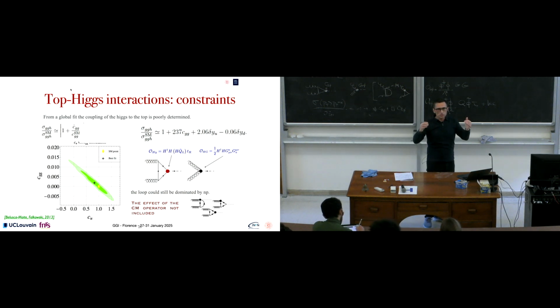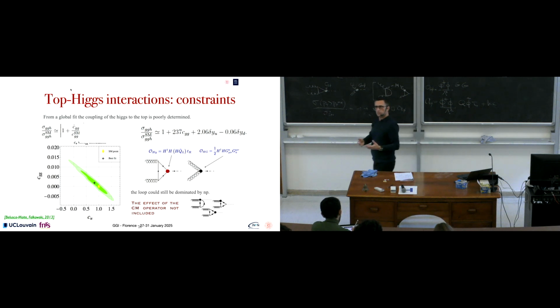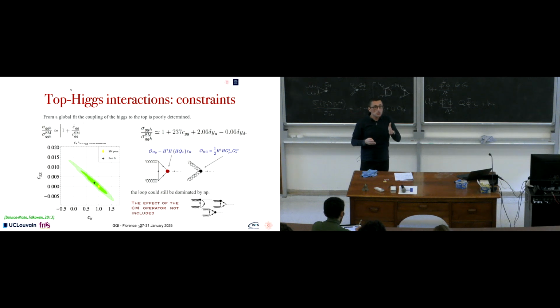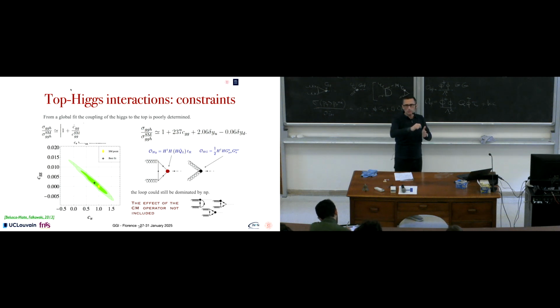All the operators, when you lower or raise the scale, start talking to each other, which means that to renormalize the contribution of one operator at one loop, you also need other operators in your basis. And that's why you need a basis which is complete. And in that sense, an effective field theory at a given order is renormalizable, because at any given order, we can reabsorb all the divergences that come out at one loop with one insertion, spread among all the operators of your basis.